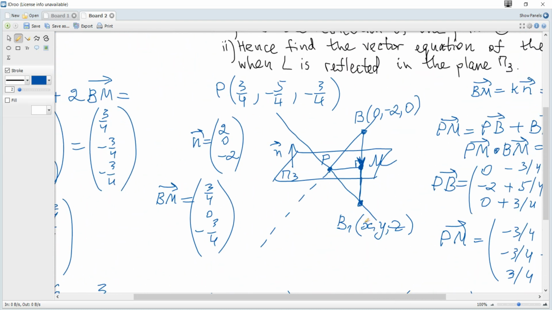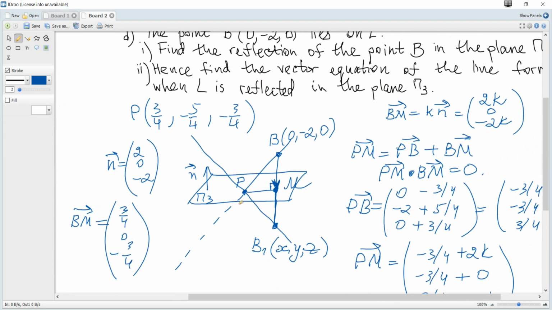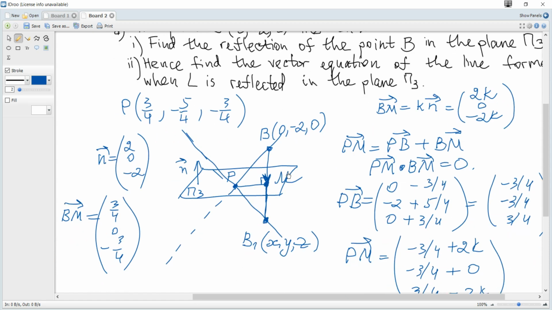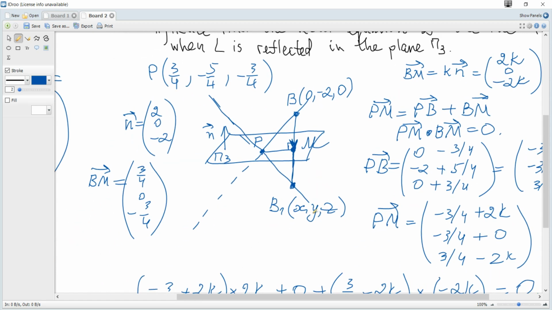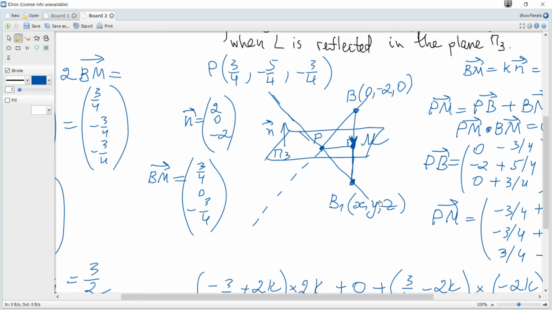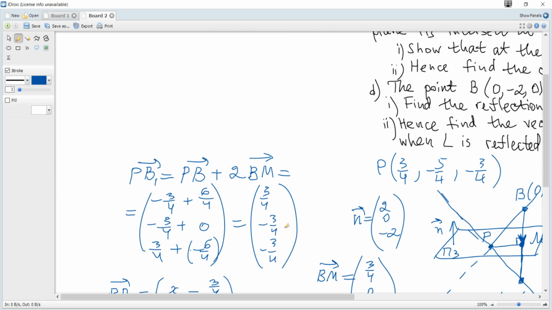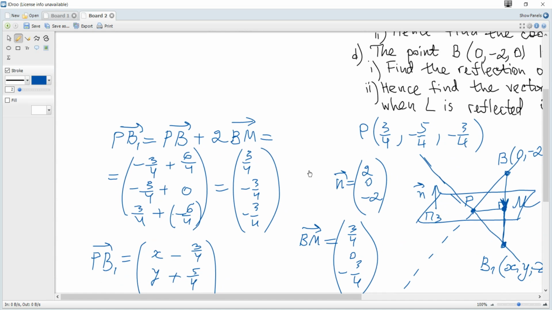And we need the equation of the line L after reflection. To write the equation of a line, we need the position vector of any point. We can take P, and the direction vector is parallel to PB1, so it doesn't matter what its length is, we can take any multiple of PB1.